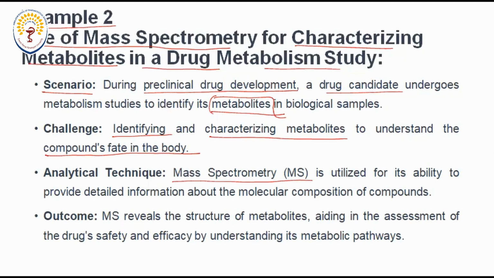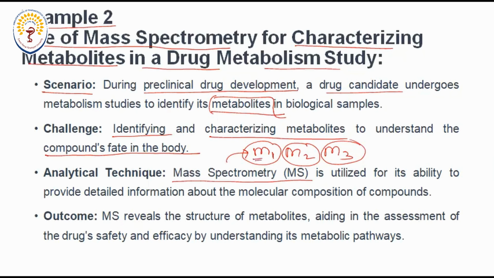What will mass spectrometry do? Mass spectrometry will check the metabolites. Say for example, for this drug we have metabolite number 1, metabolite number 2 and metabolite number 3. Mass spectrometry will identify these metabolites by detecting their molecular masses.